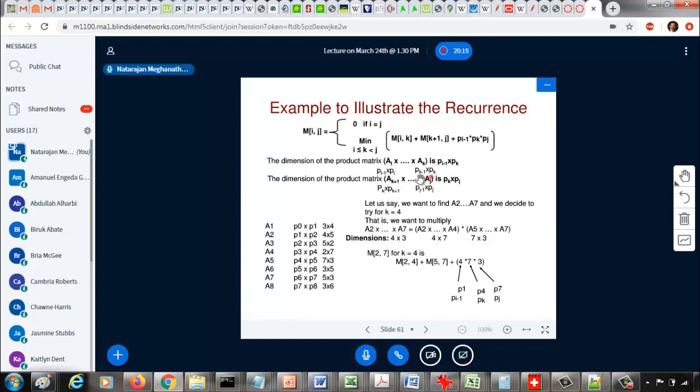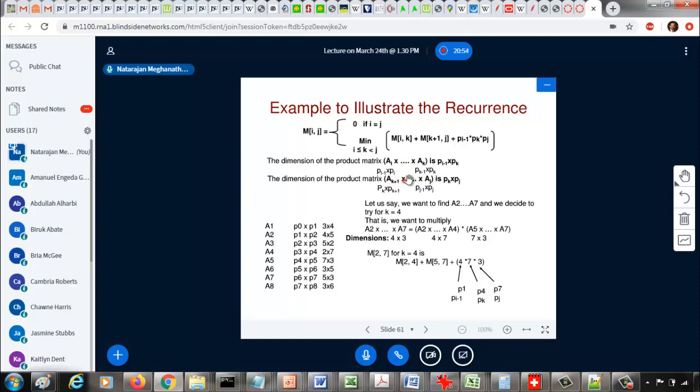So now what is the number of multiplications we have to encounter? To multiply from Ai to Ak, let us indicate m of i comma k as the number of multiplications. To multiply from A(k+1) to Aj, let us indicate m of k+1 comma j as the number of multiplications to multiply this subchain.